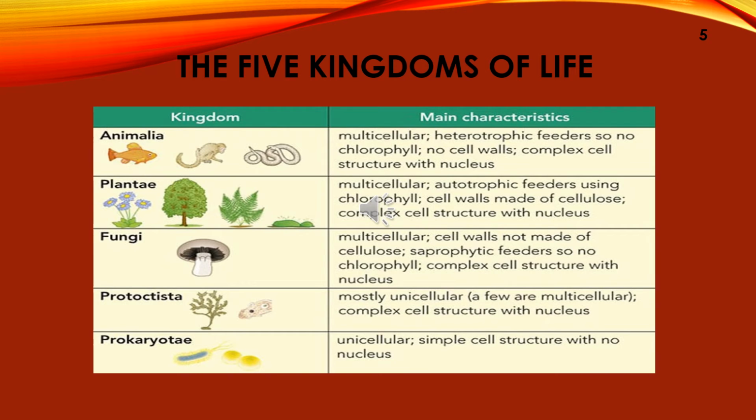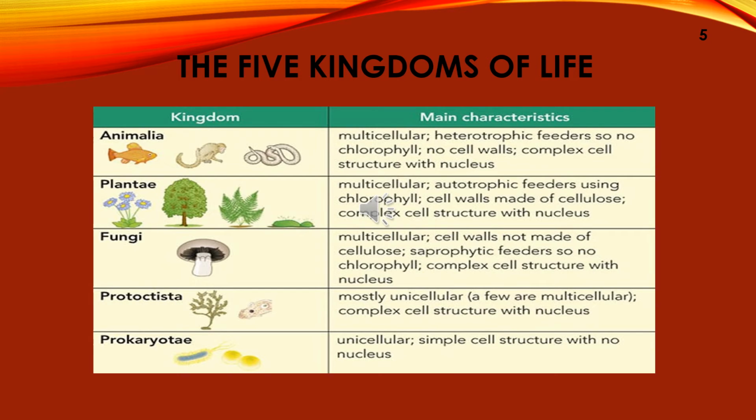Page number 5, The 5 Kingdoms of Life. That's the title for this page. Now, let's talk about the beginning, when scientists used to classify things as animals or plants.